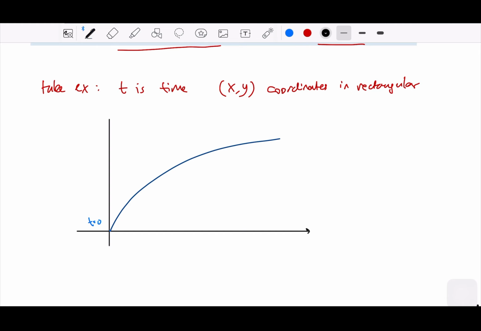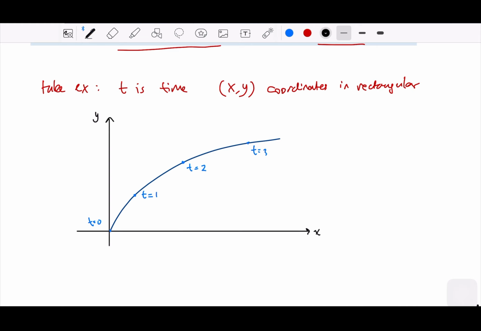This is x, this is y. Let's say t0 starts from here, and then t equals 1, t equals 2, t equals 3, and as we move on, as t increases, the position also changes. So we could think of t as a time, and x and y are just the positions, the height.